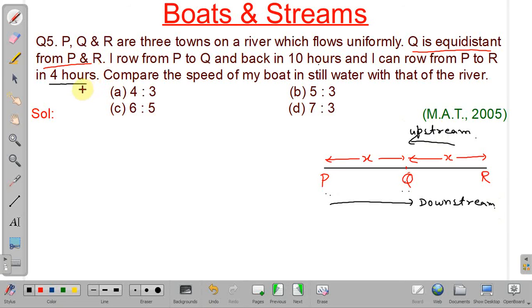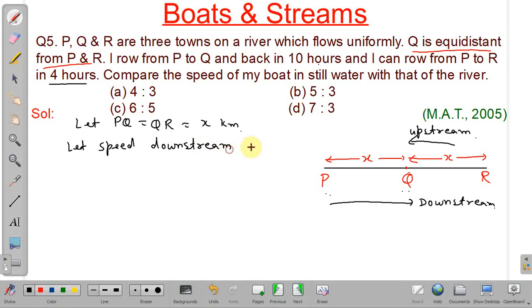We will assume the downstream and upstream speed. So let PQ equal to QR. Distance we are assuming x kilometer. Let speed downstream be a kilometer per hour, and speed upstream be b kilometer per hour.